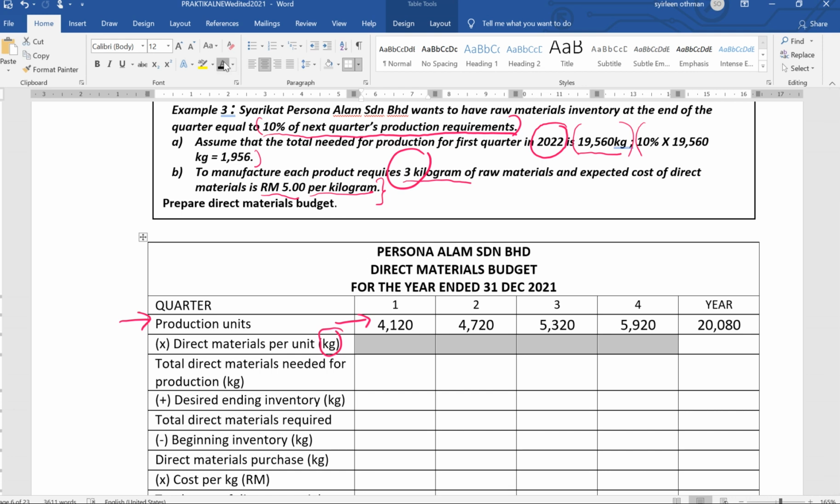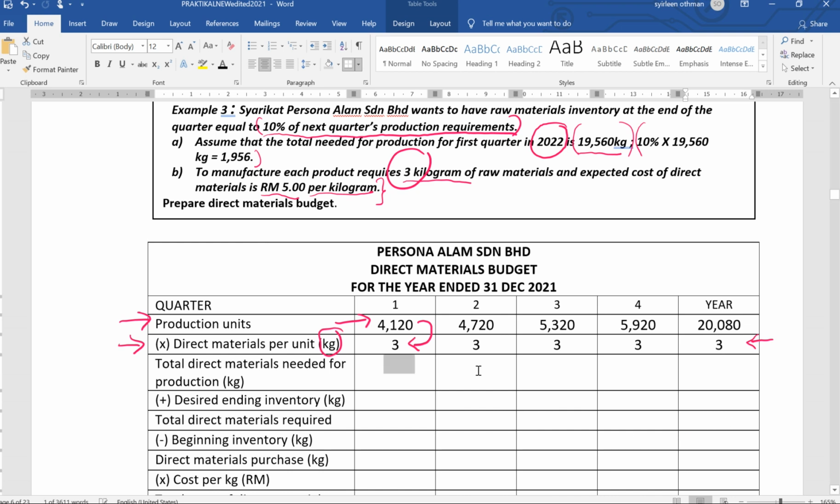And for the last column here, don't mix it up, because this is not the total. The one at the side is referring to direct material per unit, which is still 3 kg. So for the total direct materials needed, we multiply 4120 by 3 kg.